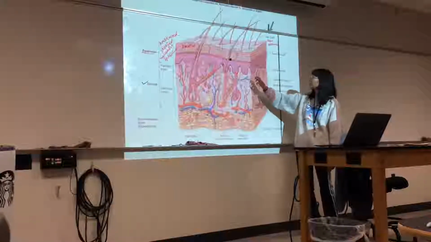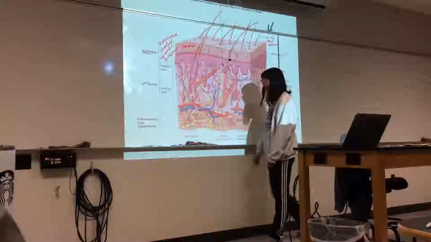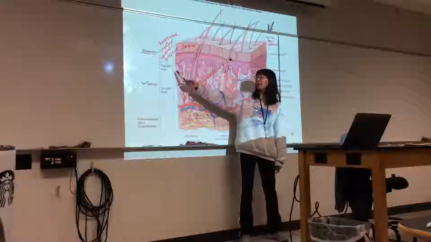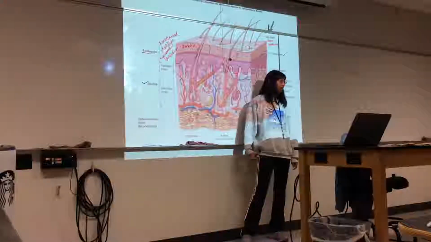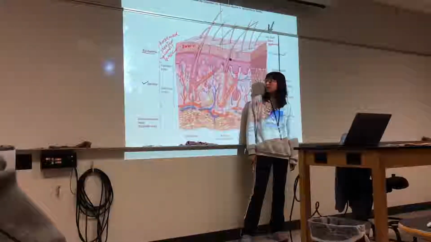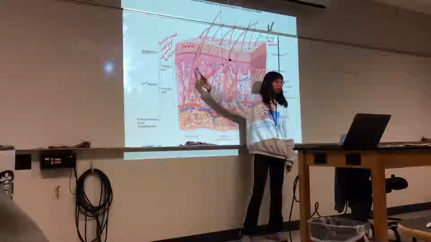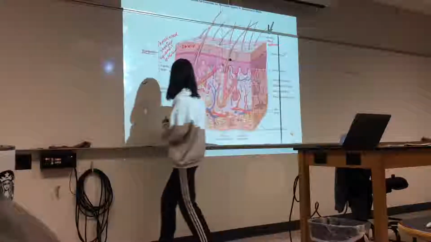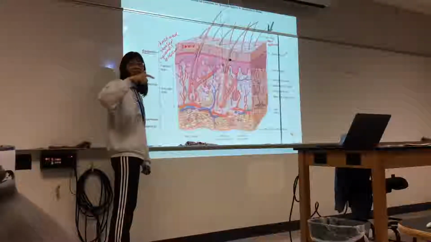So let's now go into the dermis. Dermis has how many layers? You see? Two. Papillary layer and reticular layer. So what's the difference? Papillary is more superficial. And the word papillary, do you know what a papilla is?